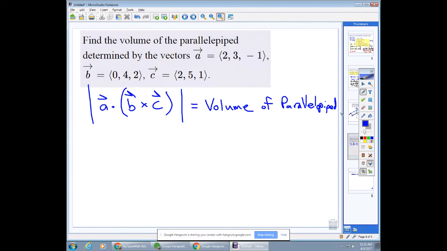So what would happen is if we crossed B and C in the wrong order, they would give us a vector facing away from A, which means we would end up with a negative volume, which absolute value gives us the positive version. Or if you did B and A and then dot with C, it shouldn't matter. Yeah, so this should give you the same exact volume if you take the B and A cross product and then dot that with C. You should still get the same answer.